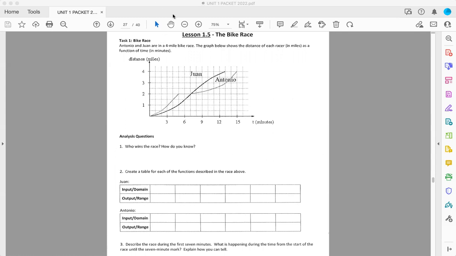So starting with the bike race, we have a task and it says Antonio and Juan are in a 4-mile bike race. The graph below shows the distance of each racer in miles as a function of time in minutes. So notice we have, just like we normally do, two axes, the x-axis or the t-axis in minutes, the y-axis, or in this case, the distance axis in miles.